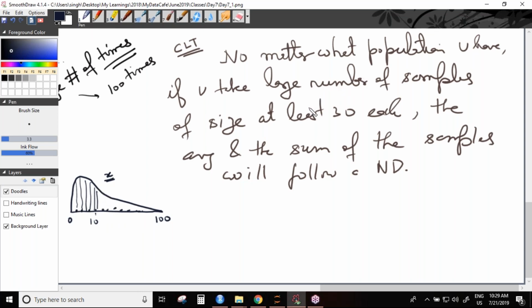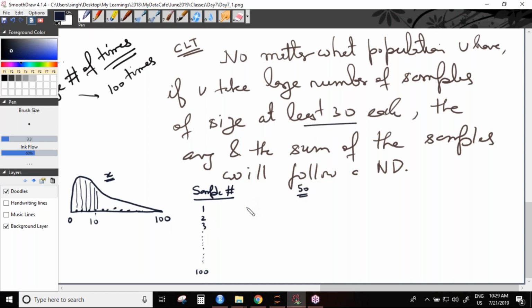Now, what does the central limit theorem tell you? You take a large number of samples. So let's take sample numbers 1, 2, 3, 4, and we go on till 100. So we take 100 samples from this data, and each sample has a size of, let's say, 50, because we have to take at least 30.